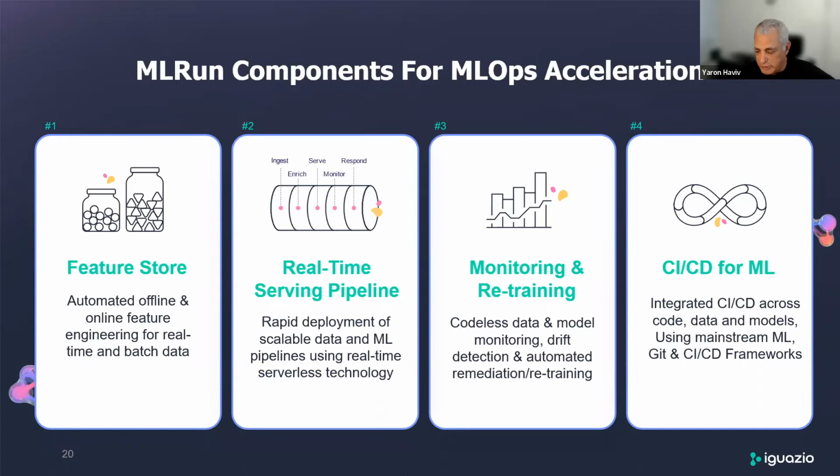Three, the monitoring and retraining framework, so collecting data from production and analyzing it and applying actions to it. And finally, the CI/CD, which is automating the flow of taking a data set, validating it, running training, testing the trained model, etc., and integrating with the different CI frameworks like Jenkins or GitHub and so on. Moving to the next slide.